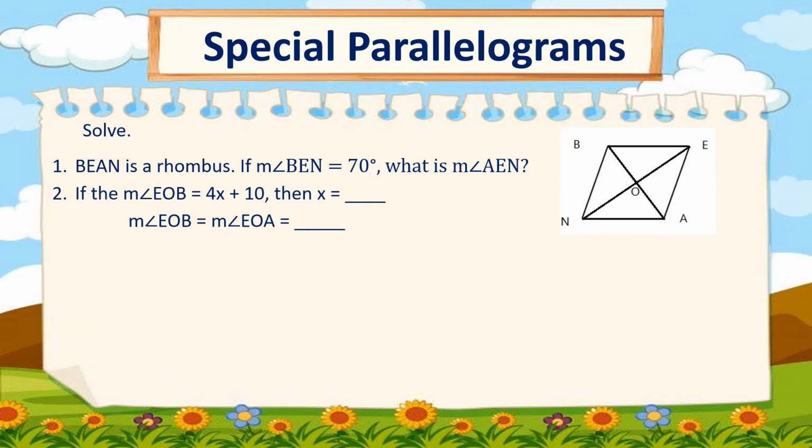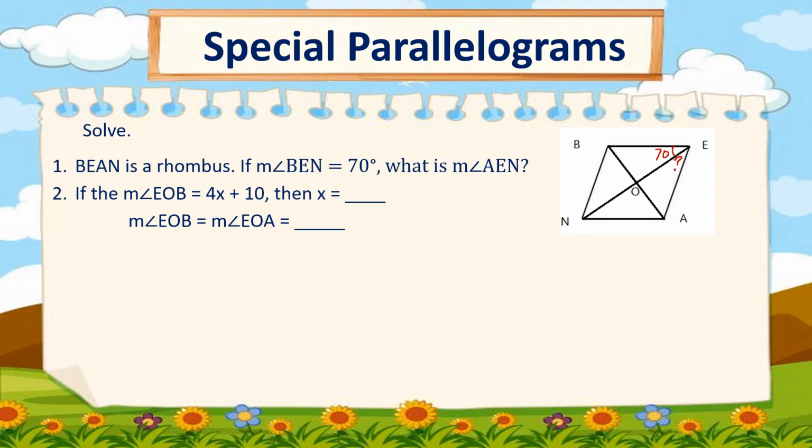Let's try to answer this. BEAN is a rhombus. If the measure of angle BEN is 70 degrees, what is the measure of angle AEN? So where is angle BEN? Here is angle BEN. The measure is 70 degrees. So the question is, what is the measure of angle AEN?